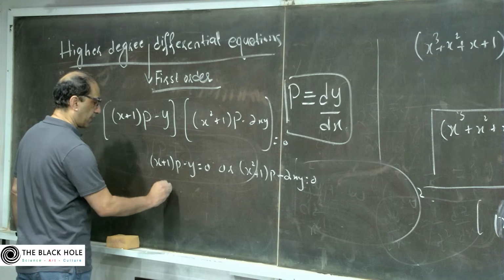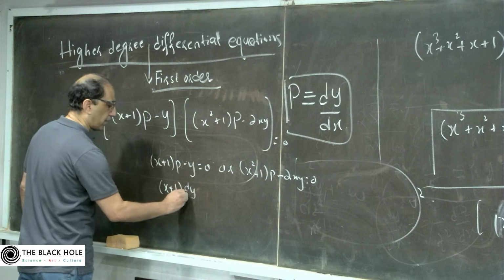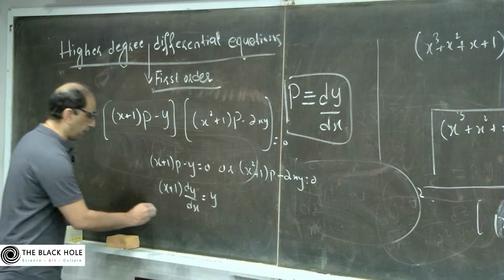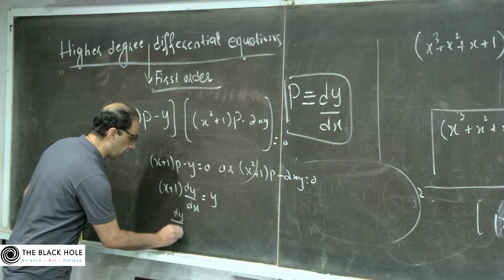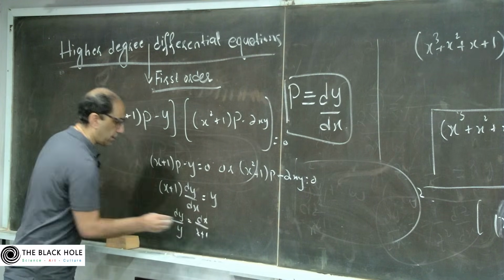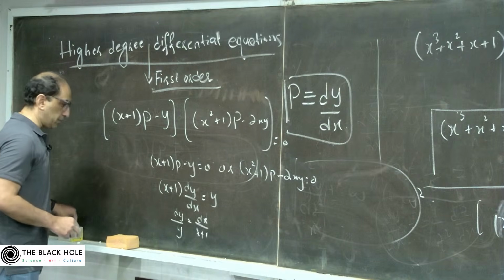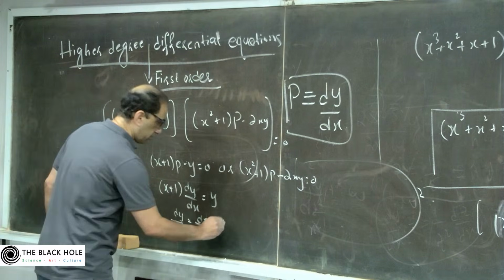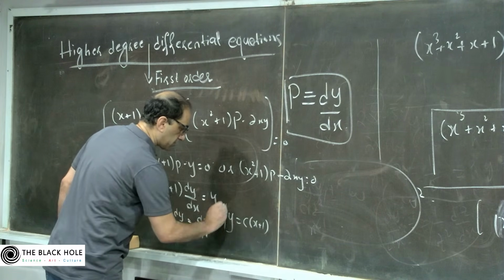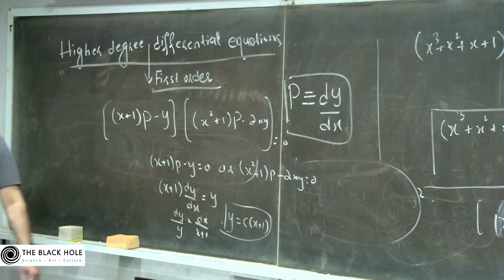So I will have (x plus 1) dy by dx is equal to y, and I will have dy over y is equal to dx over x plus 1, and it's a matter of 1 minute to say that this is y is equal to c(x plus 1), right?